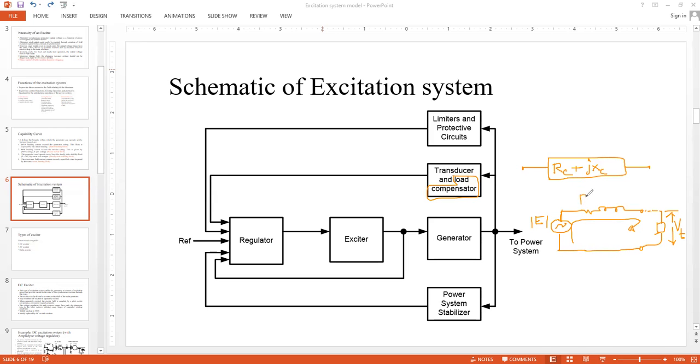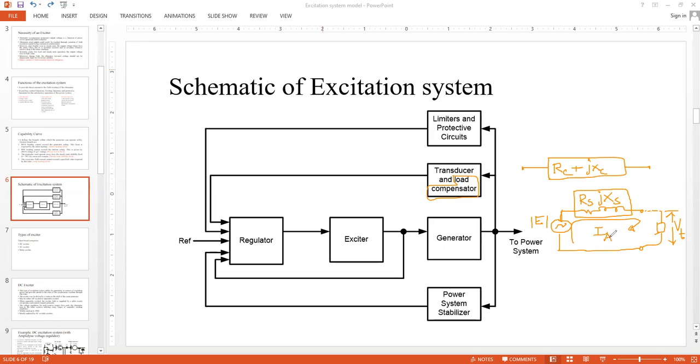And this is the machine resistance, the stator coil resistance, and stator coil reactance. Let's say we are talking about some steady state scenario. This is XS or jXS. So this is the stator coil representation. Now there is some armature current IA.